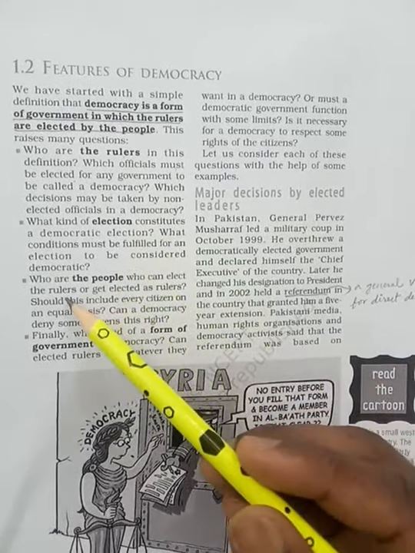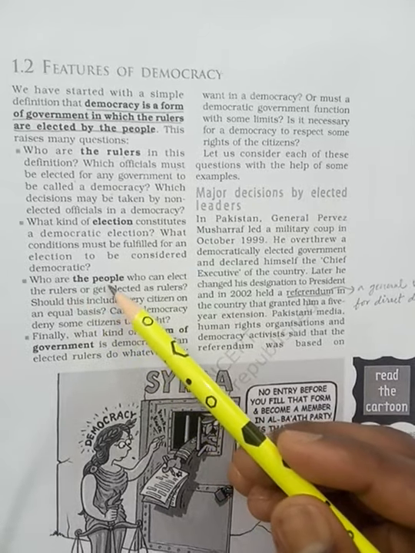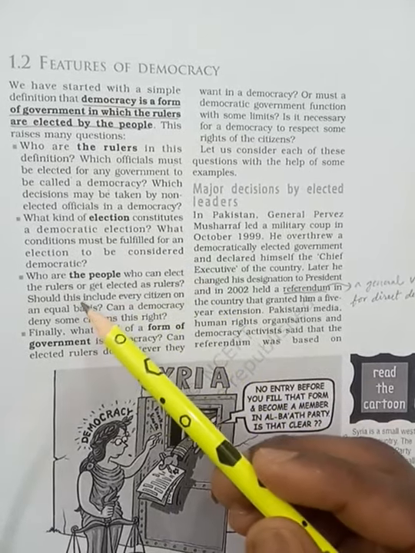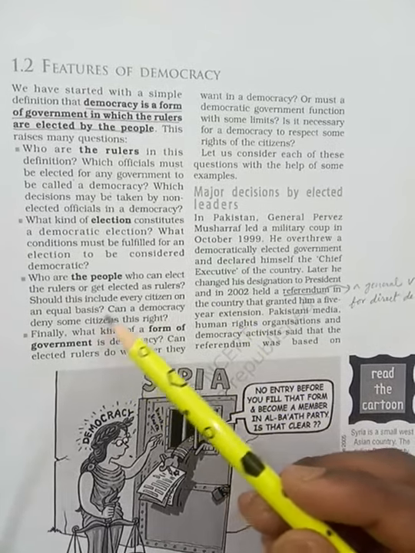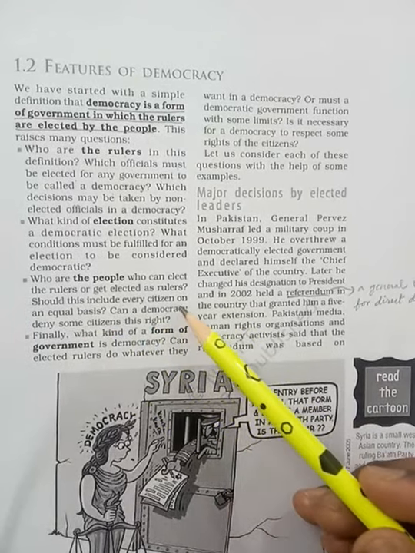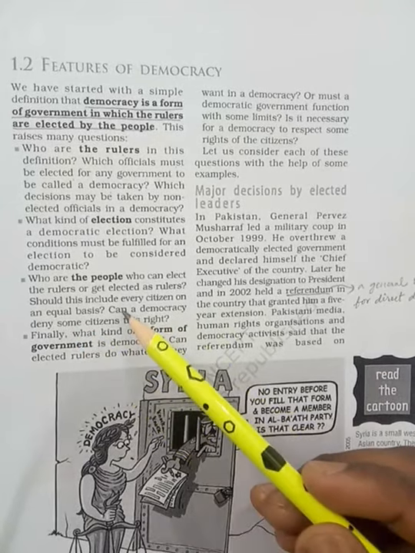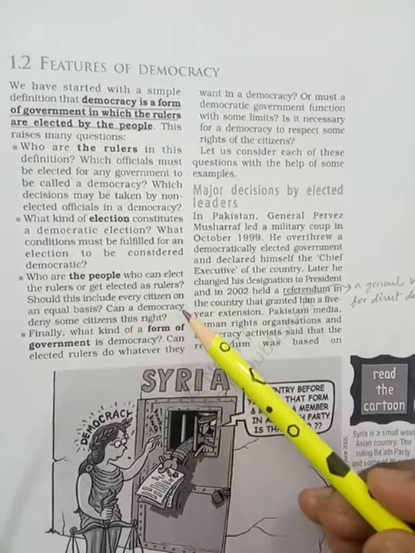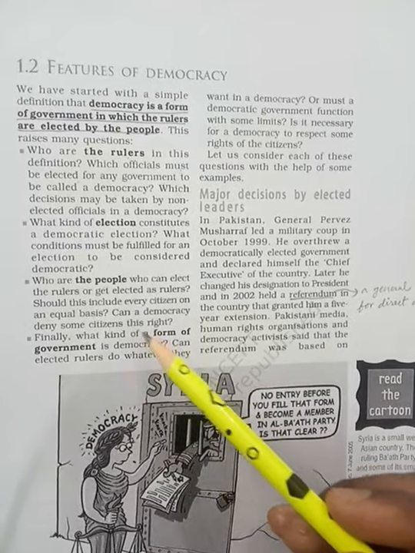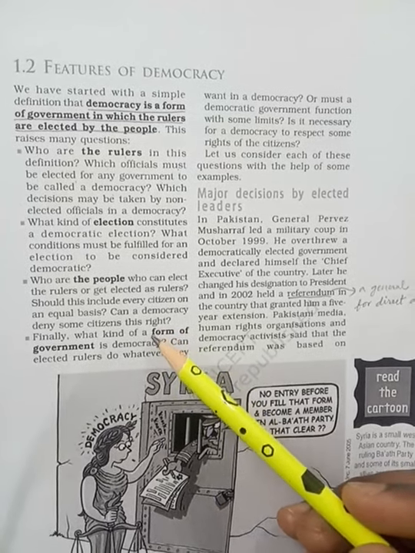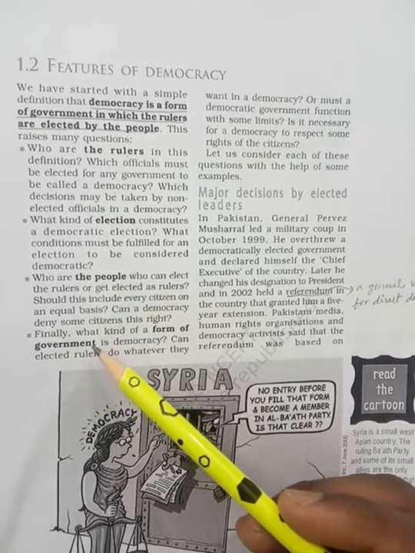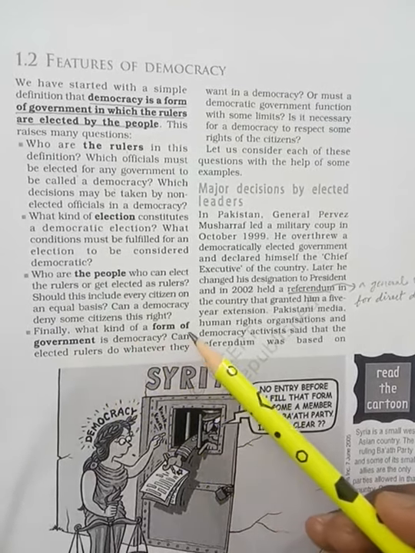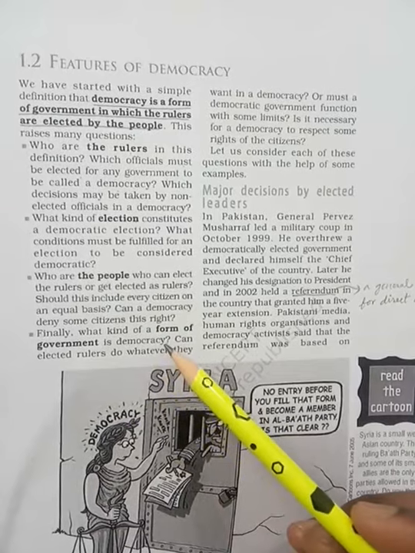And third, who are the people who can elect the rulers or get elected as rulers? Should this include every citizen on an equal basis? Can a democracy deny some citizens this right? It is about the people. Finally, what kind of government is democracy?